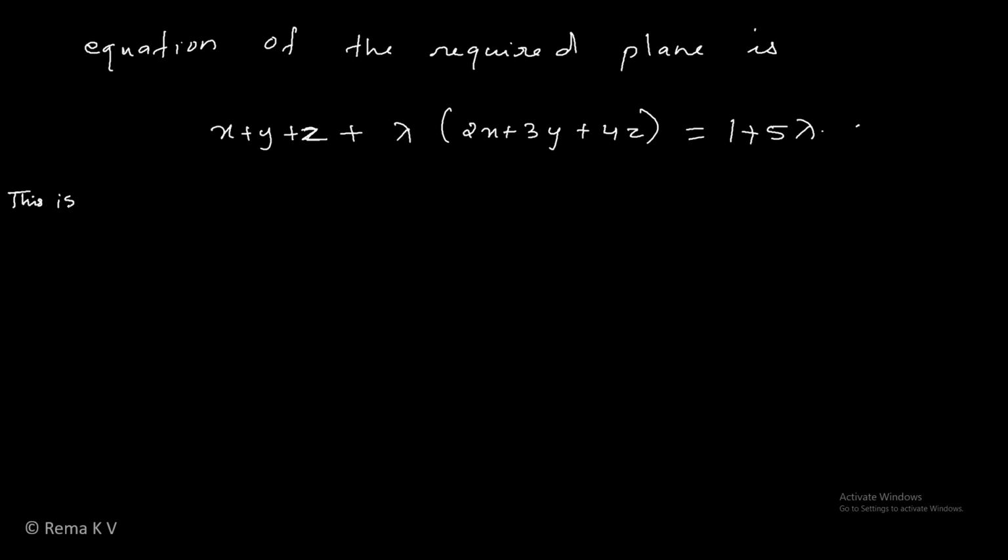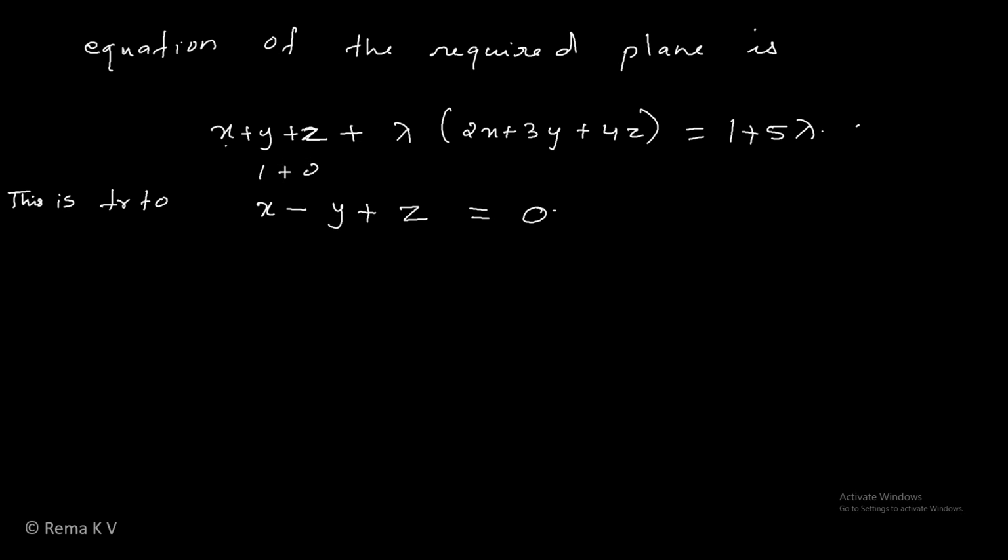This is perpendicular to x minus y plus z equal to 0. So what are the direction ratios of this plane? What are the direction ratios of this plane? See, let us just regroup this.